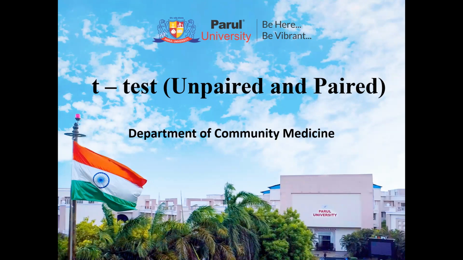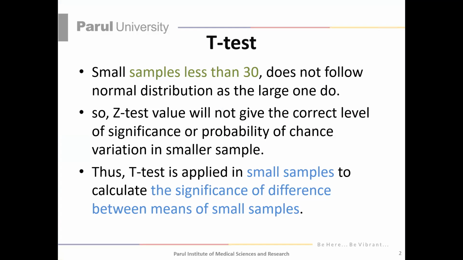First of all, your data needs to follow normal distribution. If your data follows normal distribution, then you can apply t-test, a parametric test. Second thing, if your sample is a small sample and your population standard deviation is unknown, then you can apply t-test.